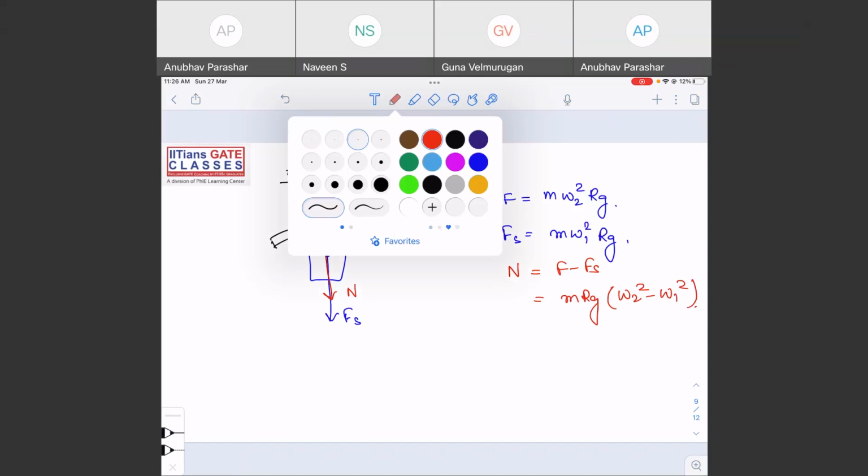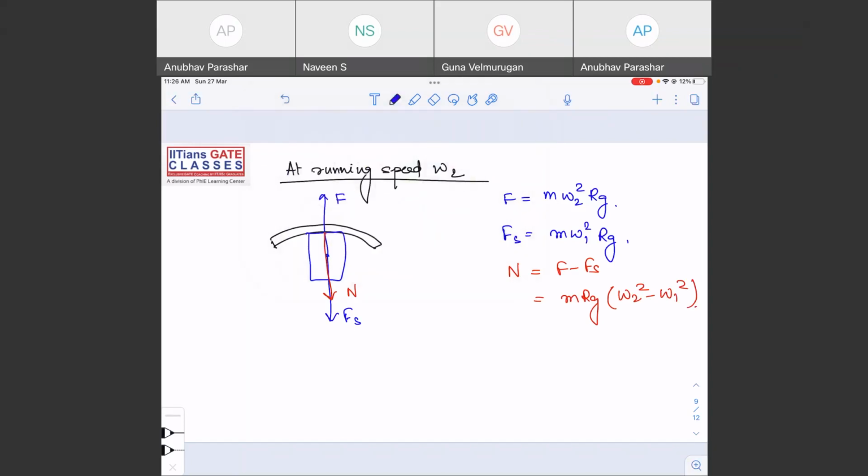Because of the normal reaction, a friction force will develop. Friction F is equal to mu into N, which is mu m Rg times omega 2 square minus omega 1 square, right?